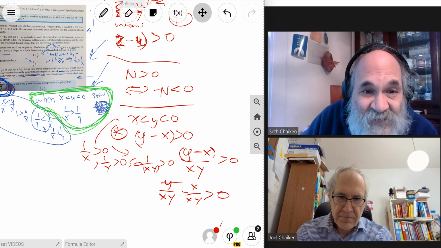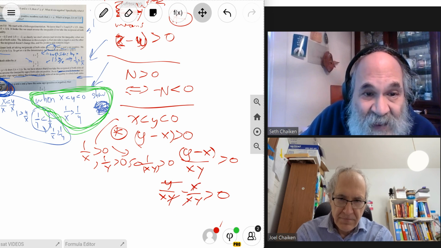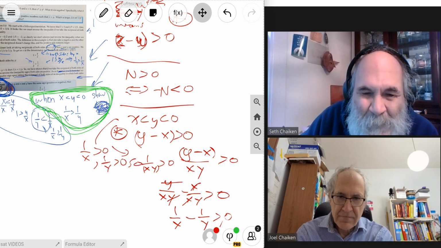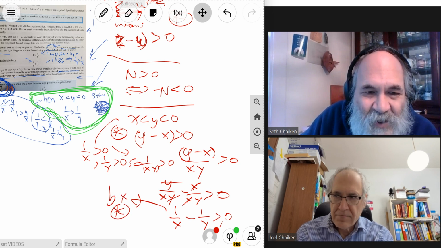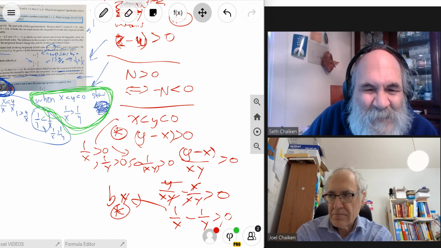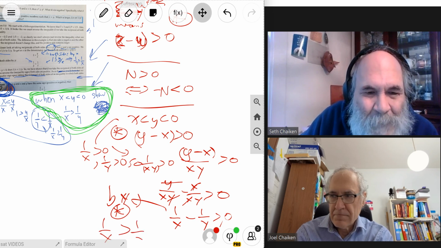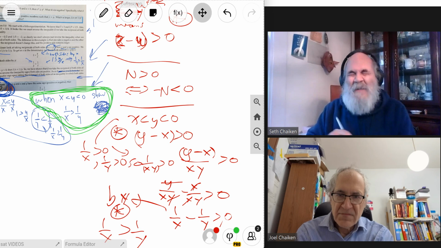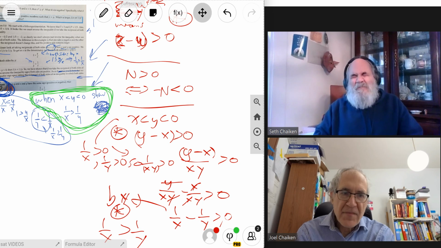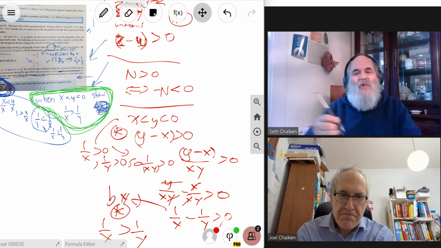So I can cancel the Y's, I can cancel the X's and get 1 over X minus 1 over Y is greater than 0, which then finally, by our principle of what inequality means, 1 over X is greater than 1 over Y. Okay?